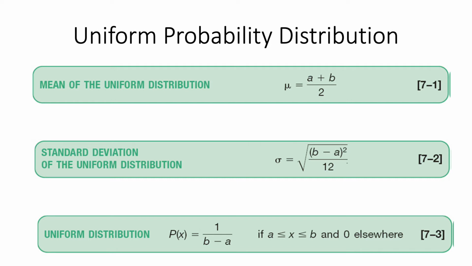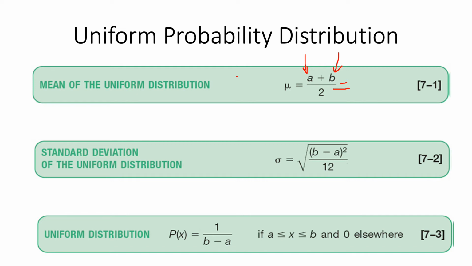A few key formulas for the uniform distribution. First is how we find the mean. The mean is (a + b) divided by 2, where a is the minimum value in the distribution and b is the maximum. Since this distribution is perfectly symmetrical, the mean is also equal to the median.